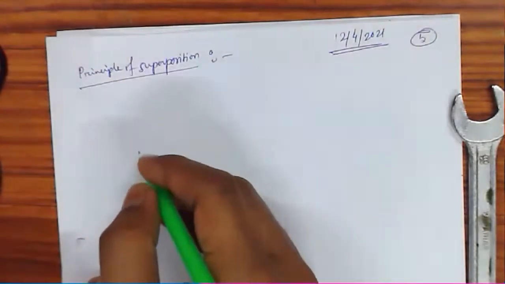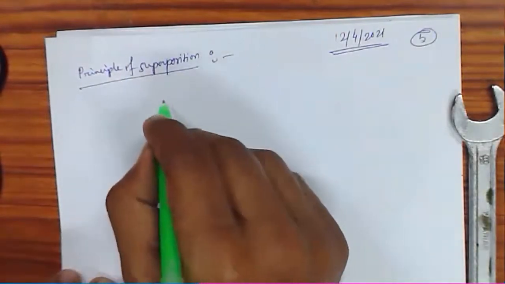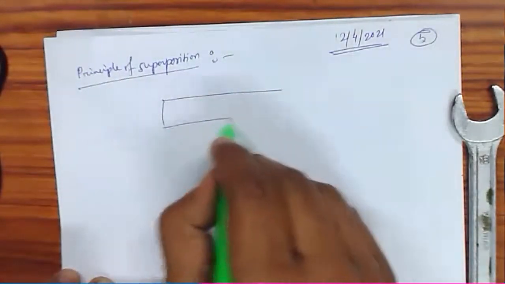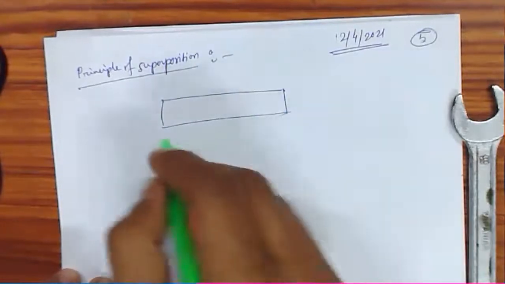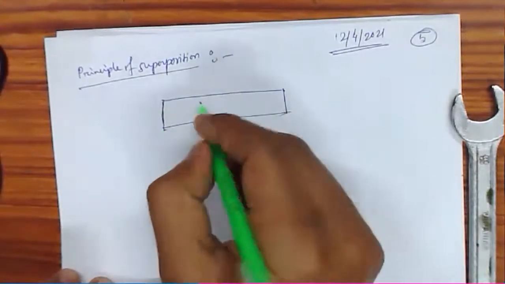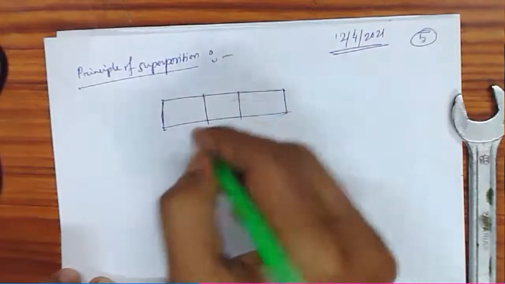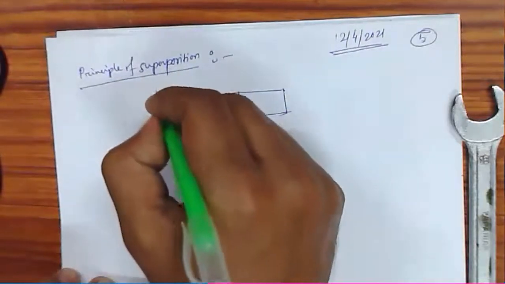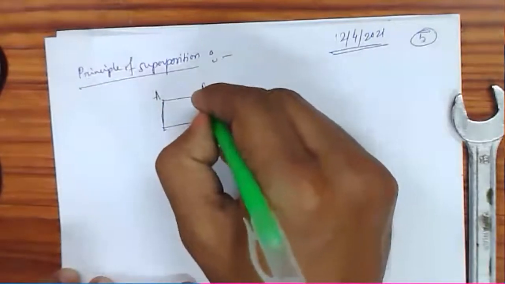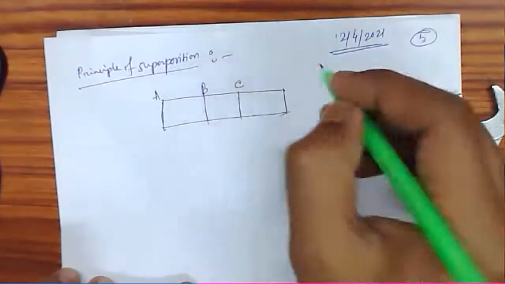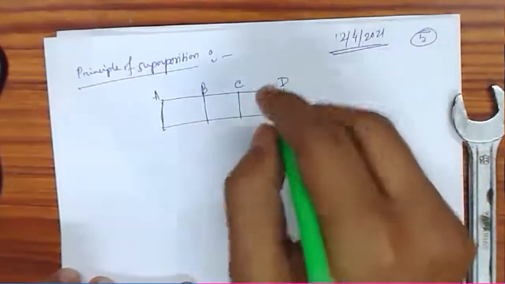Let me draw a figure for you. We have a body and different sections have been marked. This junction is called A, this is B, this is C, and this is D. Okay.